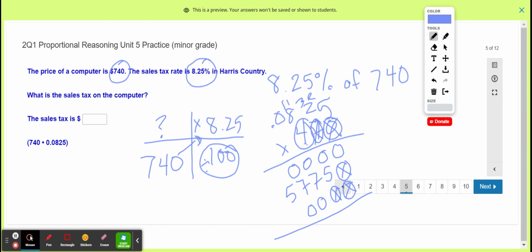And 4 times 8 is 32, plus 1 is 33. Now we're going to add up our 3 lines of products down below. And we move our decimal place value 1, 2, 3, 4. I think we might be off on a digit there. Let me check.